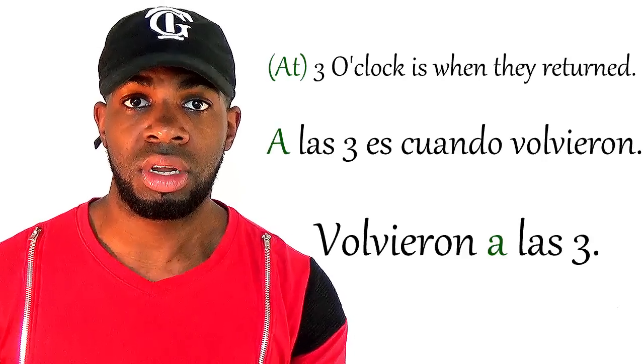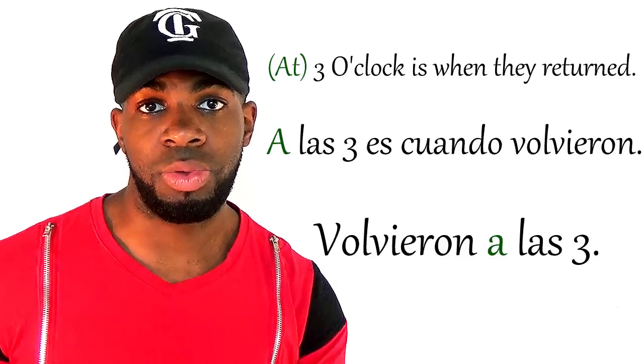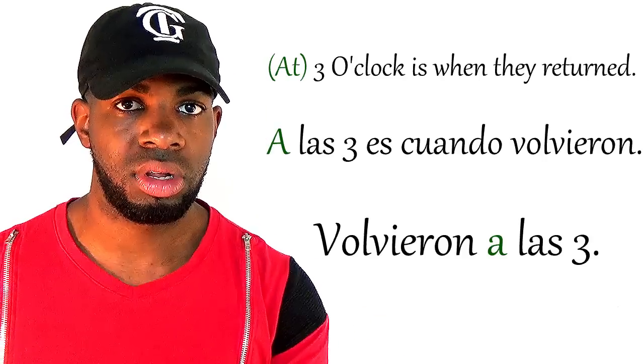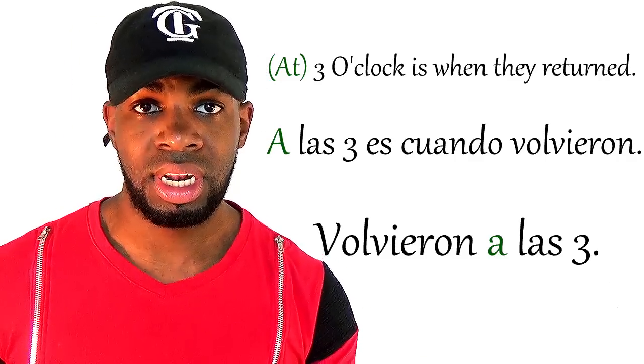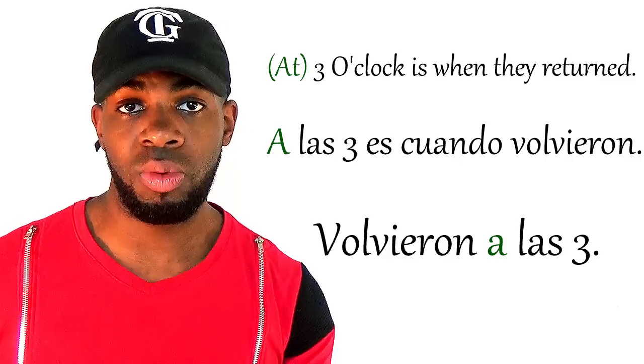So for example, I can say this one of two ways. 3 o'clock is when they returned, right? In Spanish, I have to say "at 3 o'clock is when they returned." So, A las 3 es cuando volvieron.